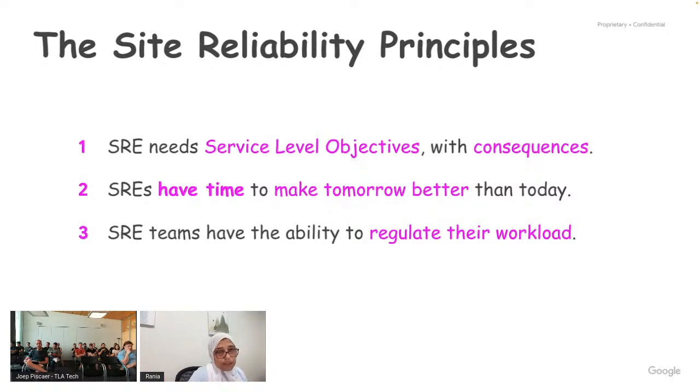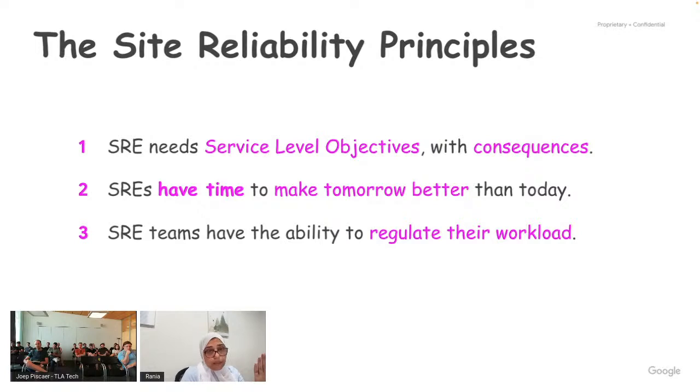The second one is that SRE is meant to make tomorrow better, always, and to make everybody happy. That's why we need to plan and have time to make things better. And it's not only business, it's operability, it's everything.